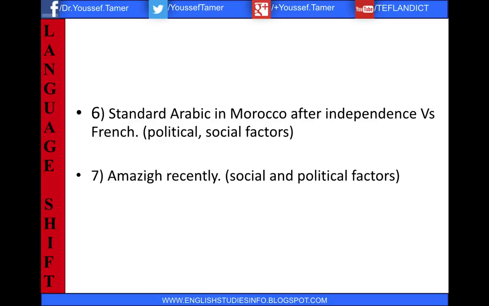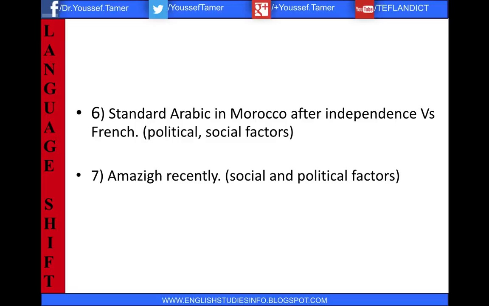The latest constitution has recognized Amazigh as an official language. That's why now in the front of our faculty you see not only French and Arabic, you also see Amazigh, and the story is going on and on and on.